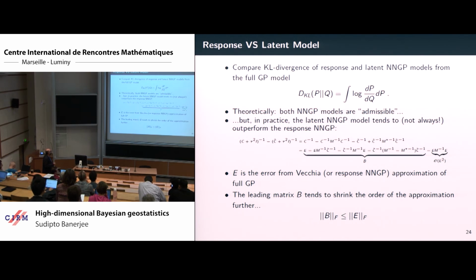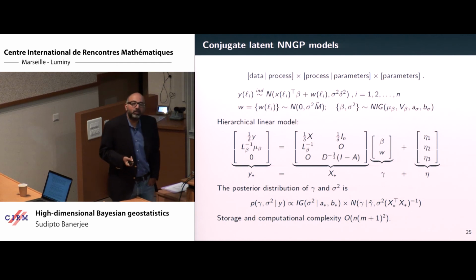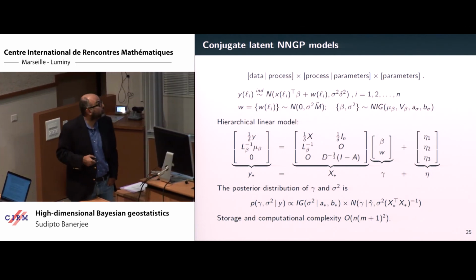So in other words, you get an order E squared plus an order that is at least less than or equal to E. And the E is essentially the error from the response model, so therefore you see the latent model does a little better in terms of the error. So now comes the question, all right, you have the response model, but hey, the undesirable fact is that I cannot recover inference on the process from that.